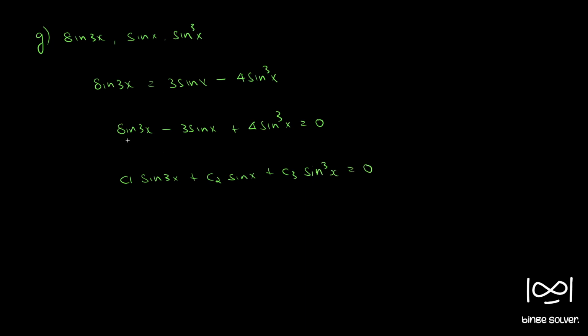Since this equation is satisfied, we can say that for c1 equal to 1, c2 equal to minus 3 and c3 equal to 4, this equation becomes 0.